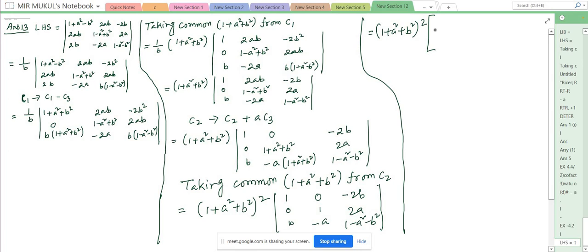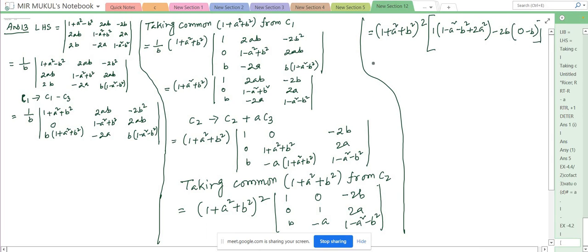So it will be 1 into 1 minus a square minus b square, or here plus 2 a square. Then 0 no need to take, or here minus 2b into minor of minus 2b, that will be here 0 minus b, 0 minus b.